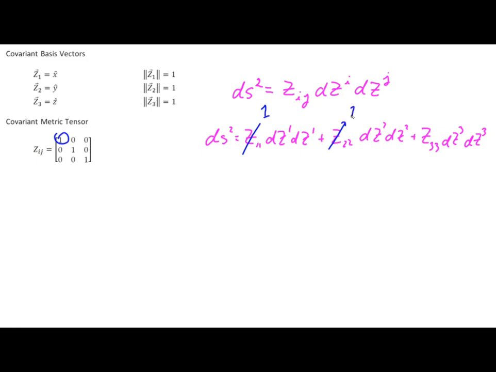So is this one and this one. And we know that dz1 is really dx, so this is going to be dx squared. This is dy squared, and this is dz squared. That means our final answer is simply ds squared equals dx squared plus dy squared plus dz squared. And you'll see that right over here.